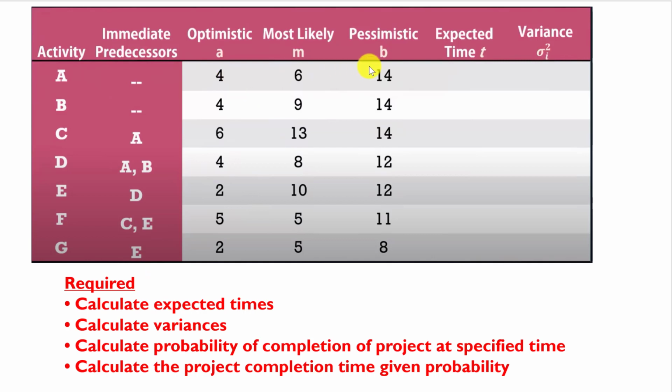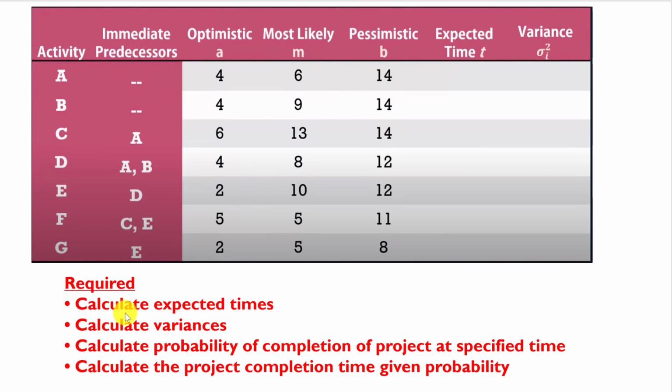We have three cases for the probability of time. The first case is optimistic, the second most likely, and the third pessimistic. So we need to calculate the following.